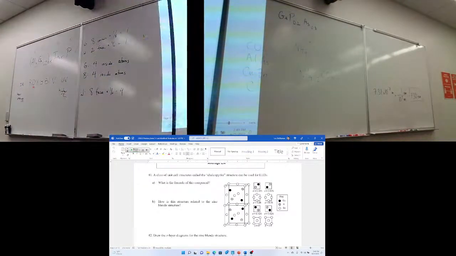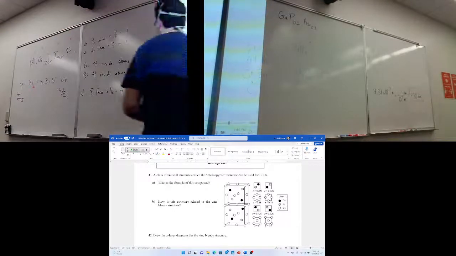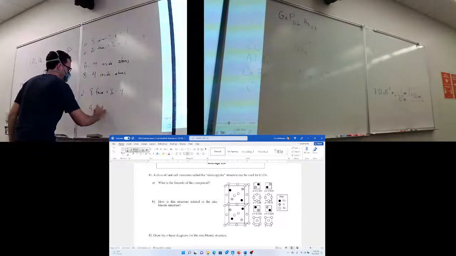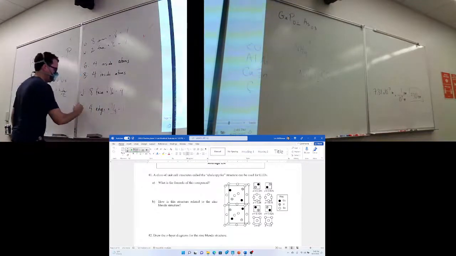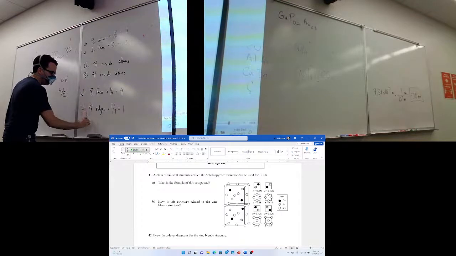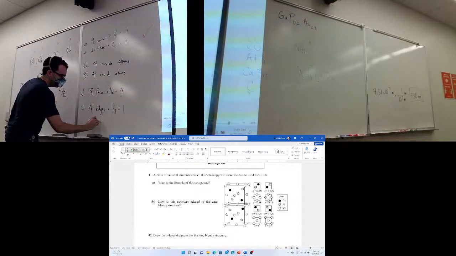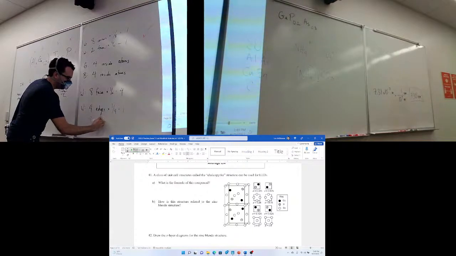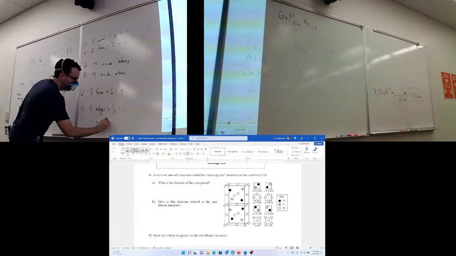And then the ones I didn't do is this one. That is not a corner. That is an edge. So 1, 2, 3, 4 edges, and each one of the edges is a quarter. And then there's the one inside. This is a really weird way of doing this. I probably could have organized things better.